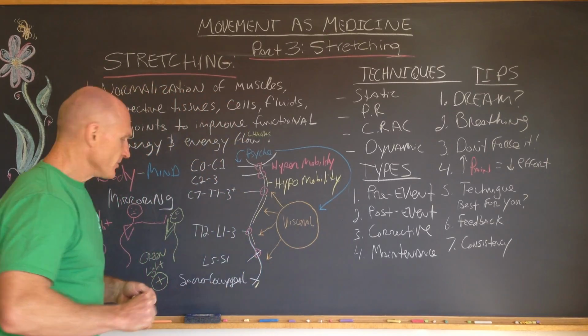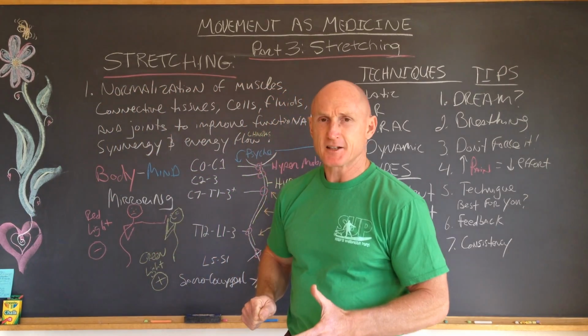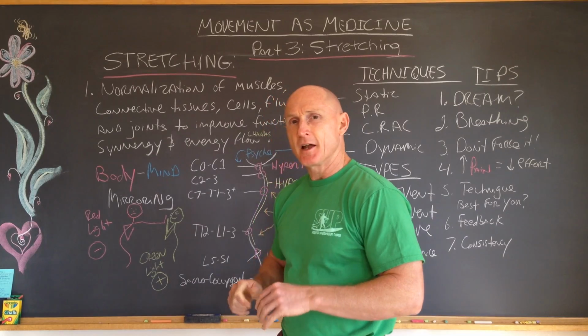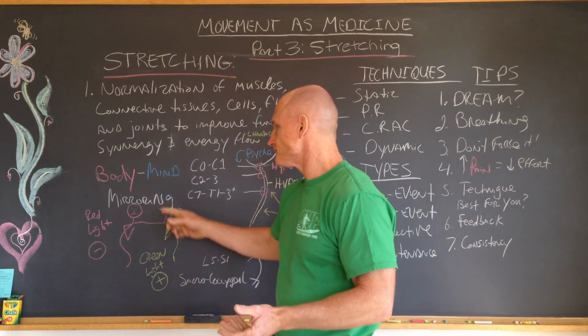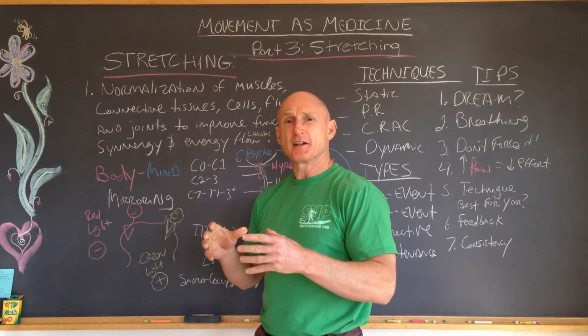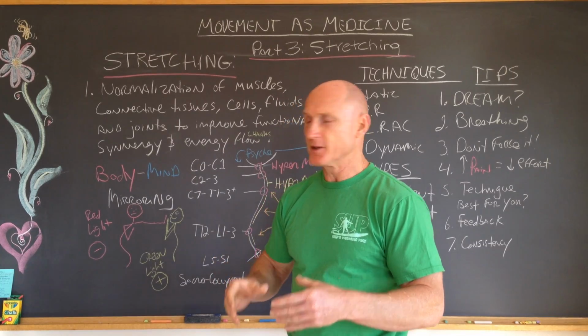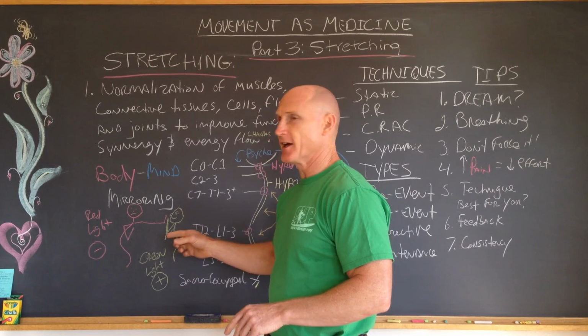Okay? Now, if you want to read a neat little book, there's a great little book called Cymatics by Thomas Hanna. And he summarizes this body-mind mirroring process where our emotions affect our muscles by breaking it down into 2 basic groupings. One he calls the red light posture, 2 the green light posture.